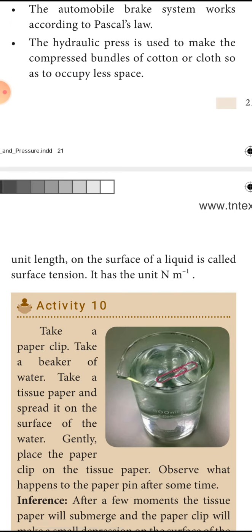For this we can see an experiment. Sprinkle some pepper powder on water. You can see that the pepper powder is floating on the surface of the water because of the surface tension.